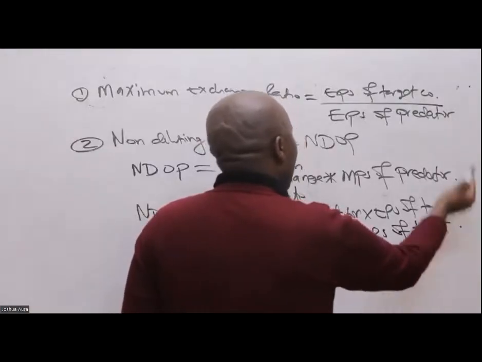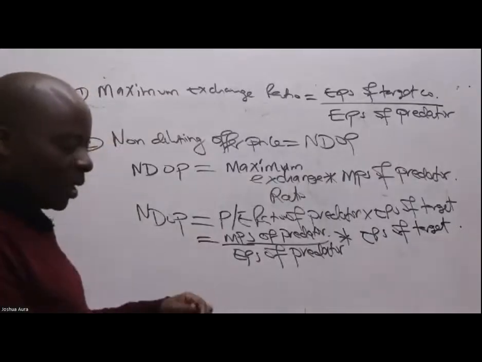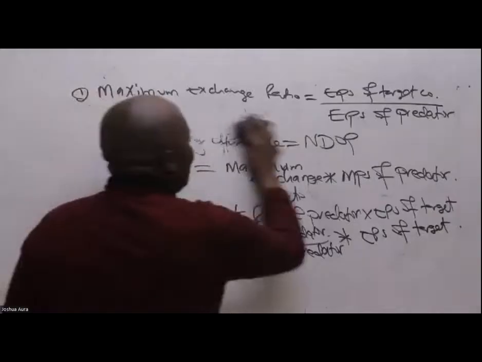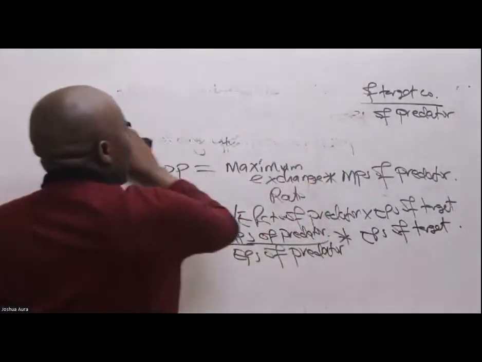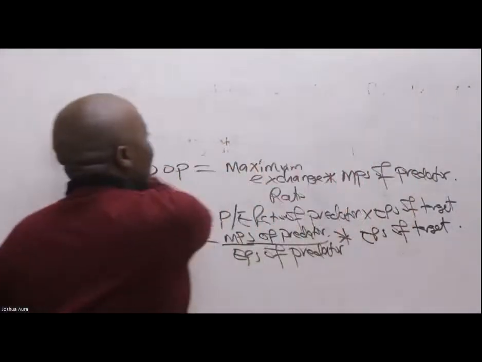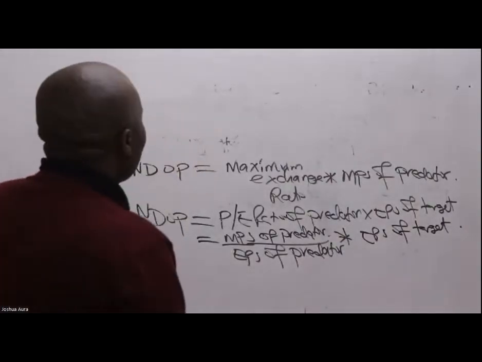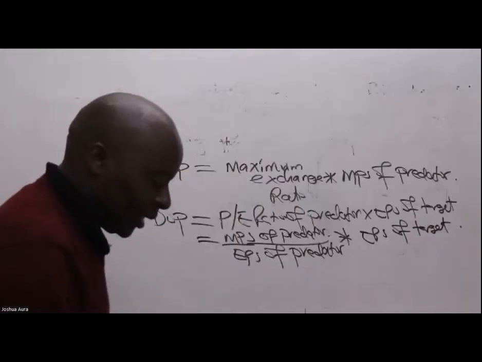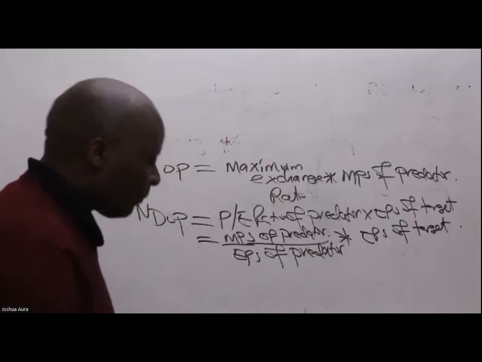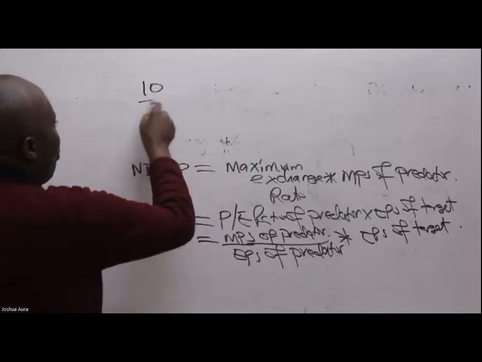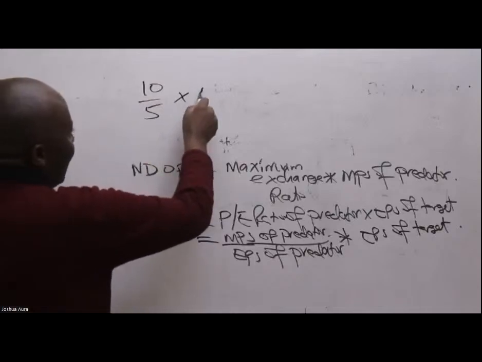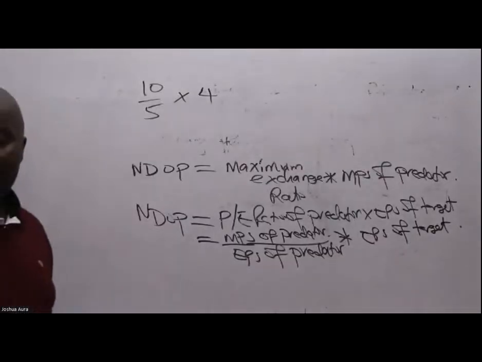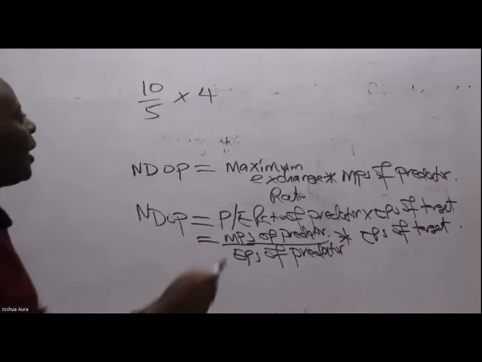And then you remember very well in our last class what we said, you and I, is that mathematically, if somebody gives you, for example, 10 over 5 times, for example, 4, this equals 8.